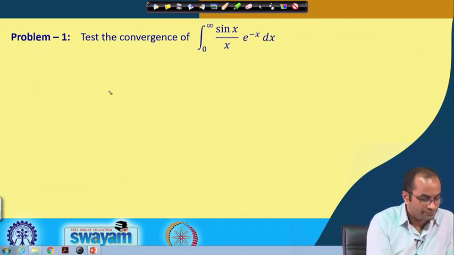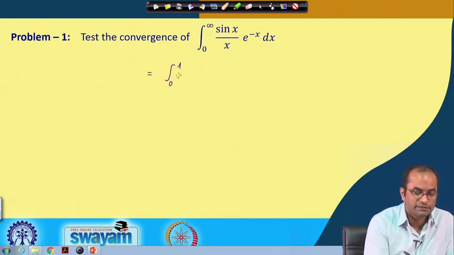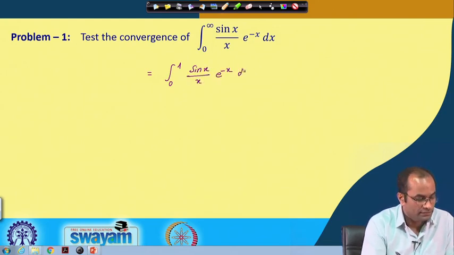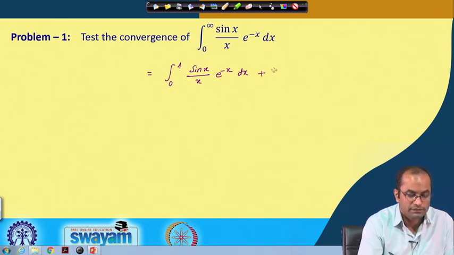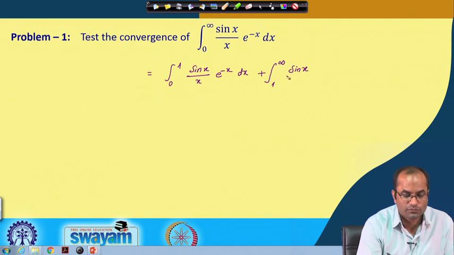So, in this case we will again use the idea that we can break this easily into 0 to 1, with sin x over x times e to the power minus x dx, plus 1 to infinity, with sin x over x times e to the power minus x dx.